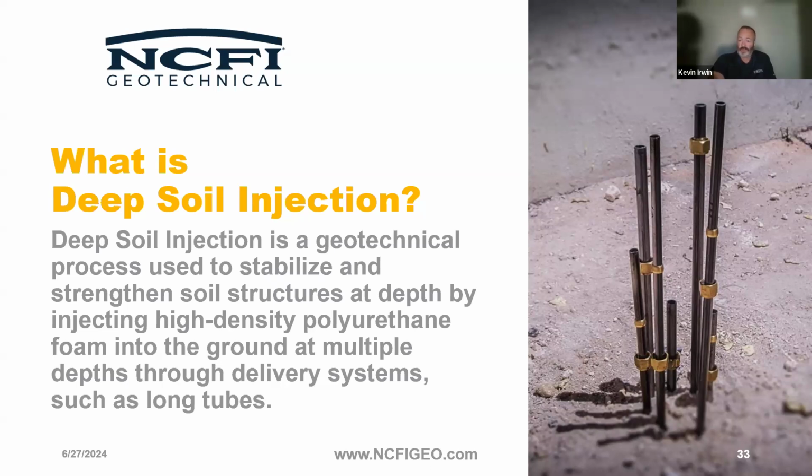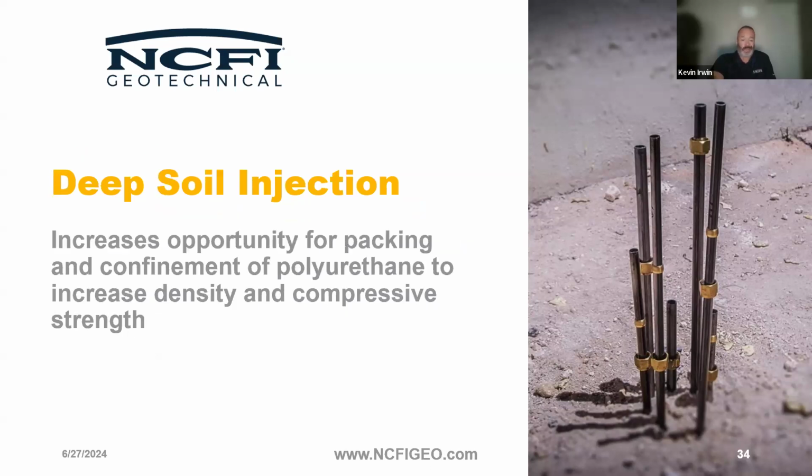Typically, we're using steel tubing. Other types of tubing can be used, but half-inch steel tubing has always been kind of my go-to. It's easy to get down in the ground. It's not too big around. It's got a wall thick enough that we can drive the tube, but we don't have to have a tube inside it in order to drive.